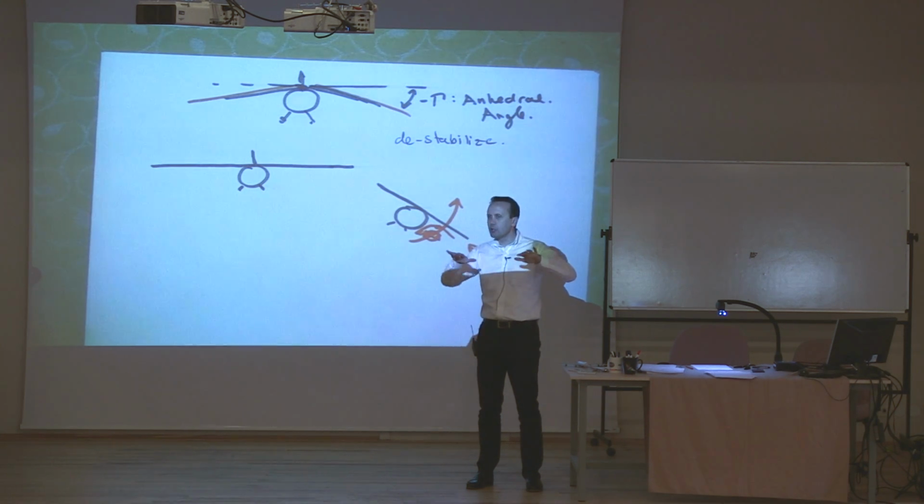Look at the dihedrals and anhedrals of airplanes when you go home. In the next hour, I will show you pictures of airplanes and we will discuss the anhedral and dihedral configurations on the top and the bottom and all this.